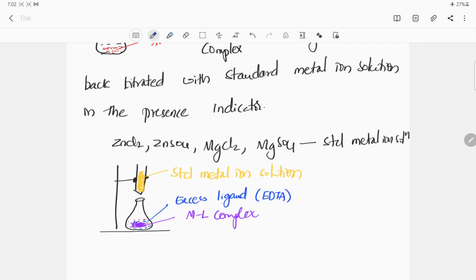So whatever the excess ligand, this is titrated with the standard metal, hence the standard zinc will form a complex.